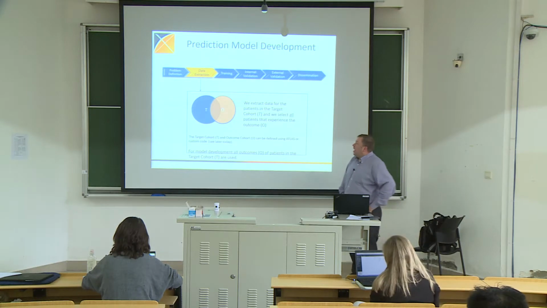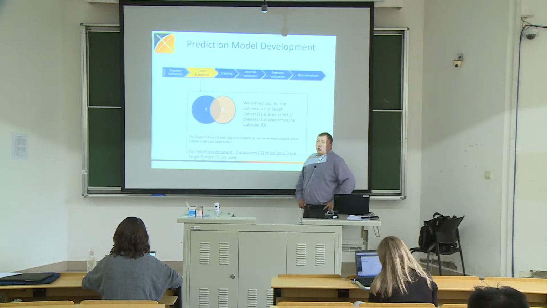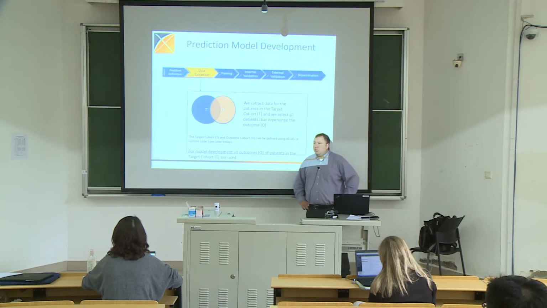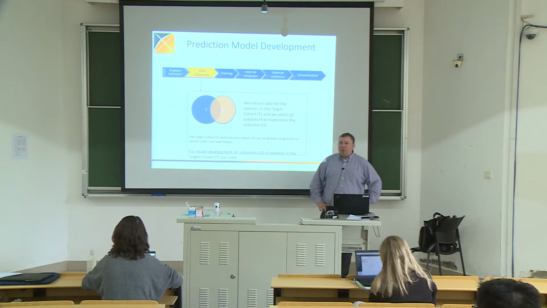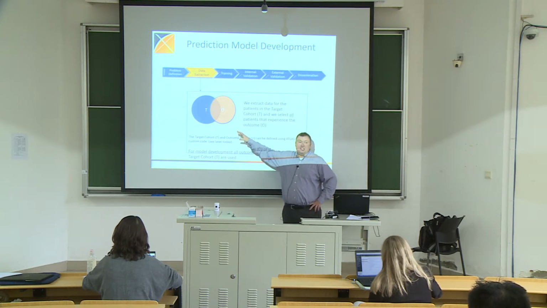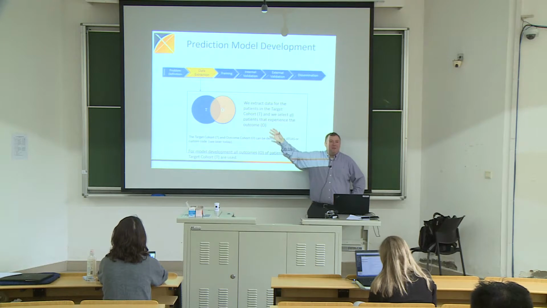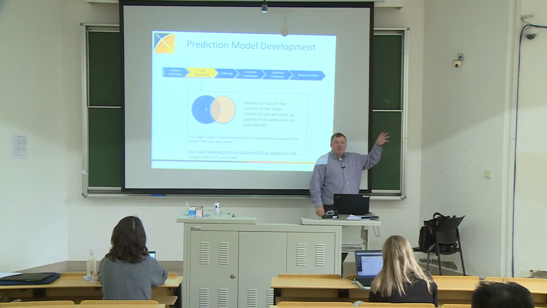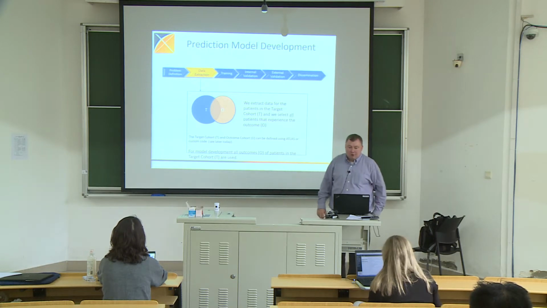So data extraction. What actually happens here? Once you have defined your target cohort and your outcome cohort, as you saw yesterday with the use of the Atlas tool, we basically go into the database and just find the people who belong to the target cohort. We separately went and found the people who belong to the outcome cohort.